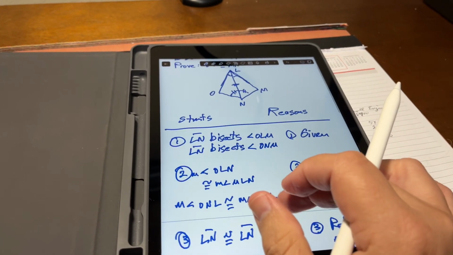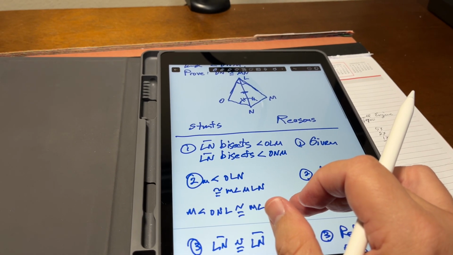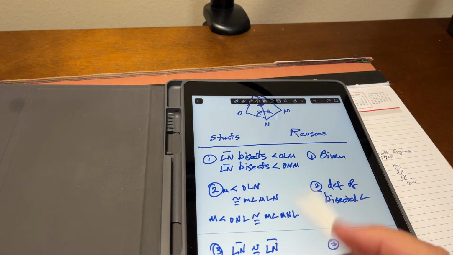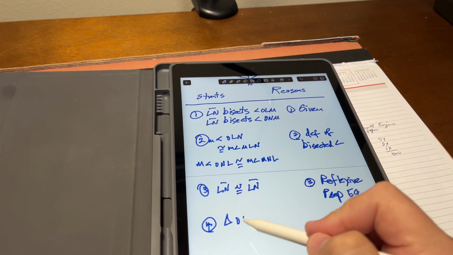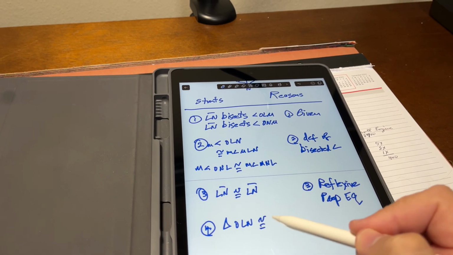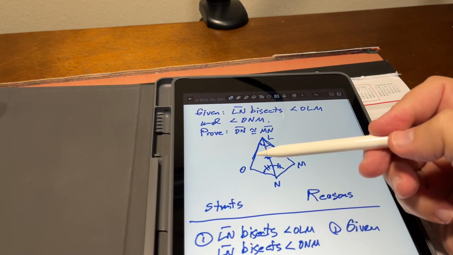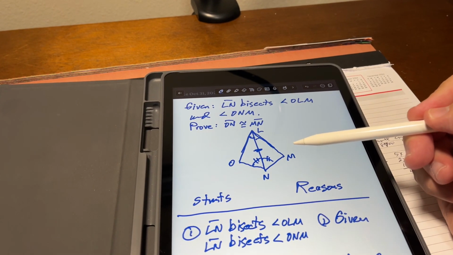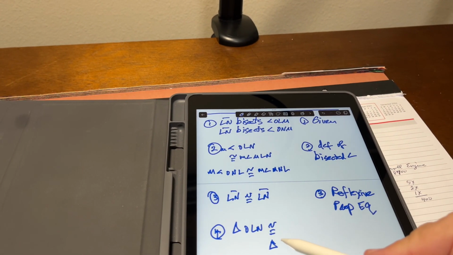So what I'm going to do here is say triangle OLN is congruent to triangle MLN.